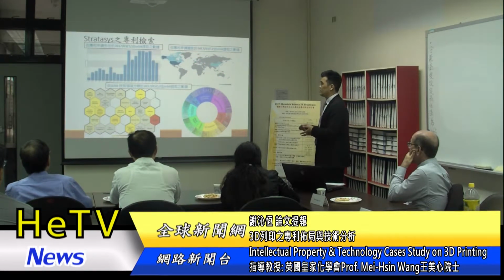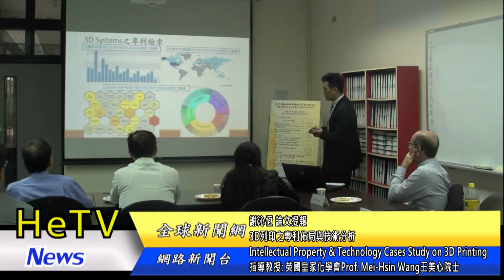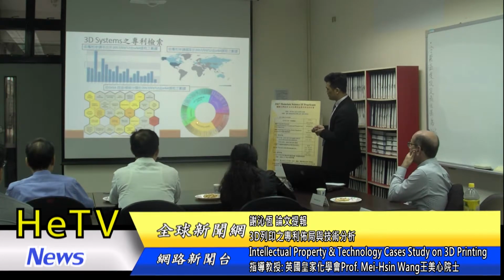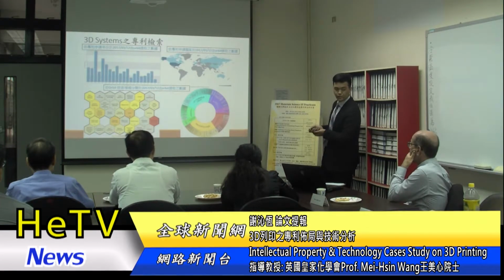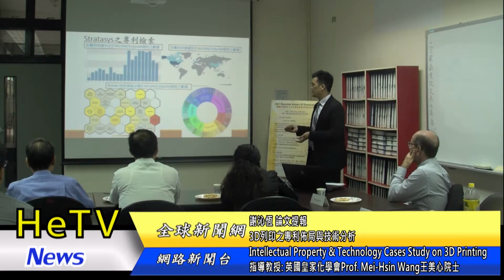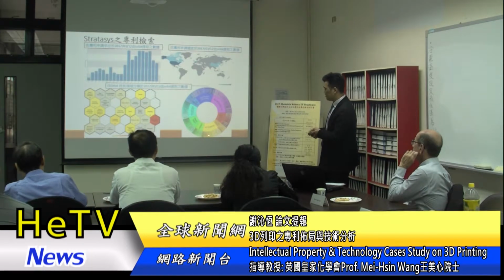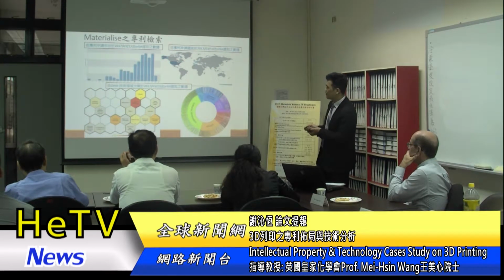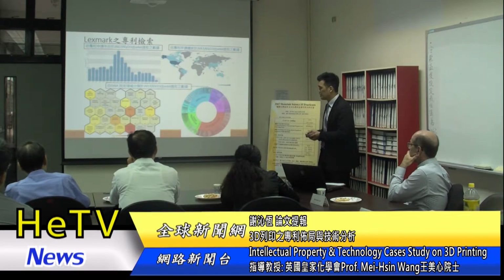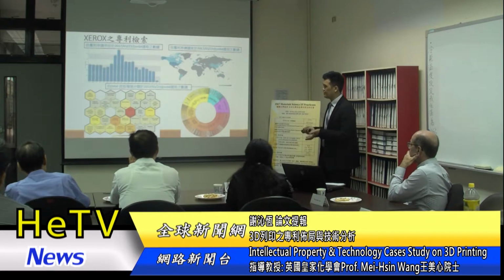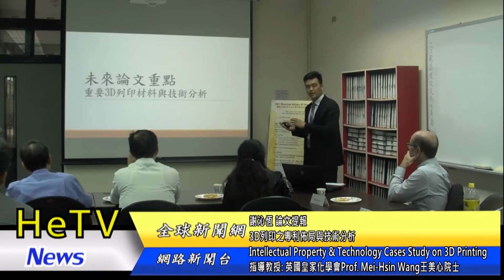For 3D Systems, it has other special machines, and through this picture we can see this is about photopolymer, UV curing liquid and so on. Stratasys also has other special machines, but its technique is focused on extrusion technique. Materialise applies in medical, and Lexmark applies in paper machines, diagnostics, optical and paper machines. And this is all I can analyze.